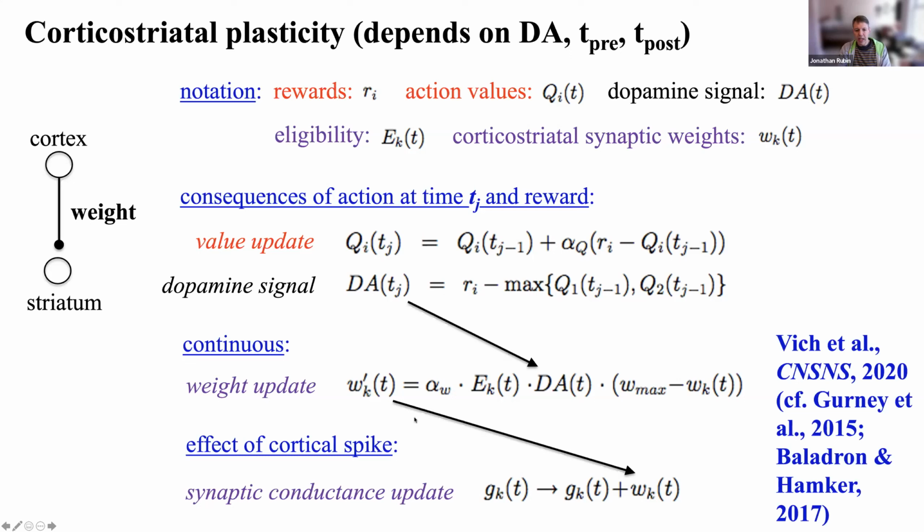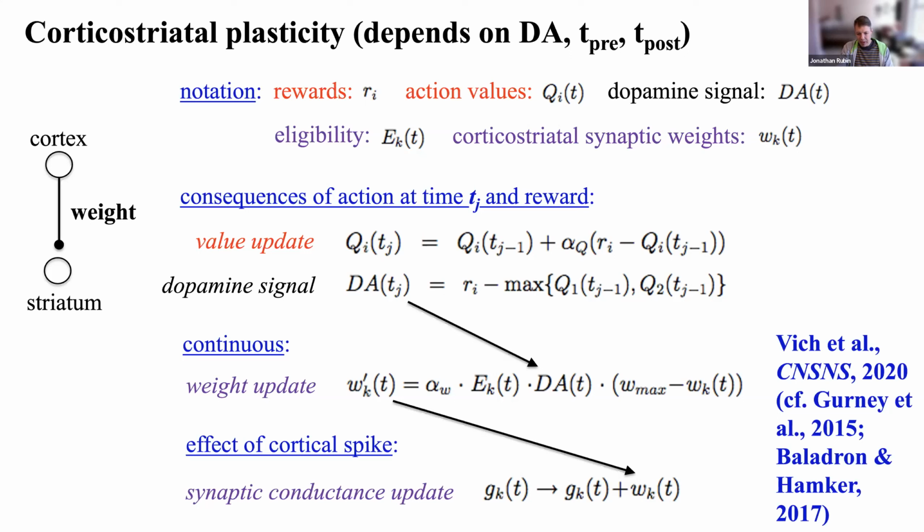Based on the dopamine released, we are going to have a weight update. But which weights get updated can't just depend on dopamine, because this dopamine signal is common to all the neurons. There's also an eligibility component, and there's a lot going on in it that I'm not going into here.